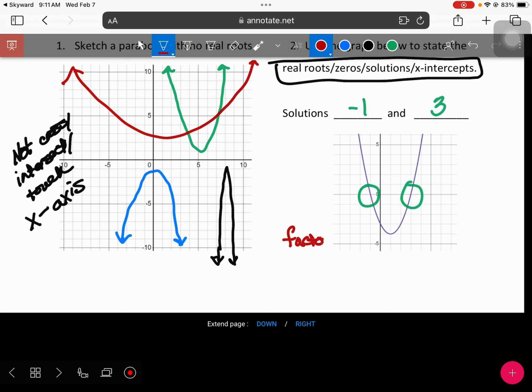So I want you to write this down toward the bottom of your bell work. Factored form says y is equal to your a value times x minus r sub 1 and x minus r sub 2. Okay?